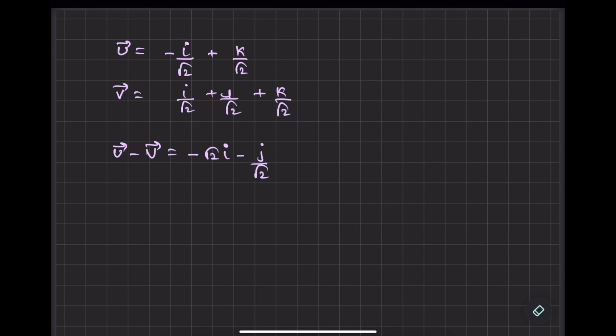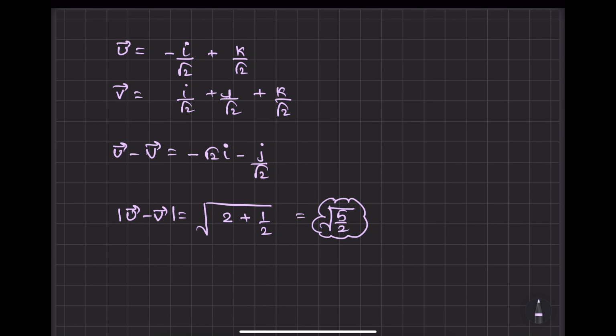Now its magnitude we need to calculate. So magnitude of u vector minus v vector equals what? Root over minus of root 2 square, 2. Then minus of 1 by root 2 square is 1 by 2. So it is root over 5 by 2. So this is the required result.